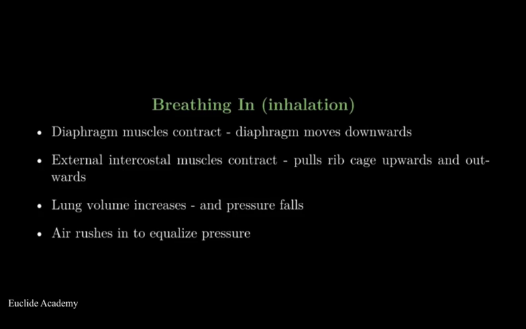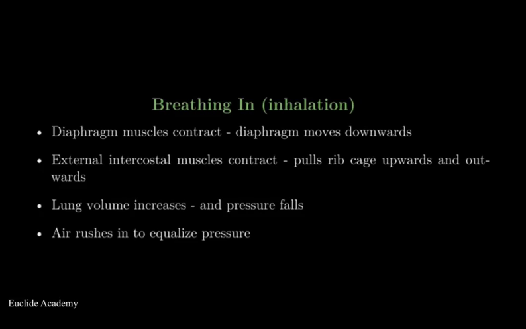So air rushes in to equalize the pressure. We've got low pressure inside because the volume has increased, and then air from outside gets in. That is the mechanism of breathing in.